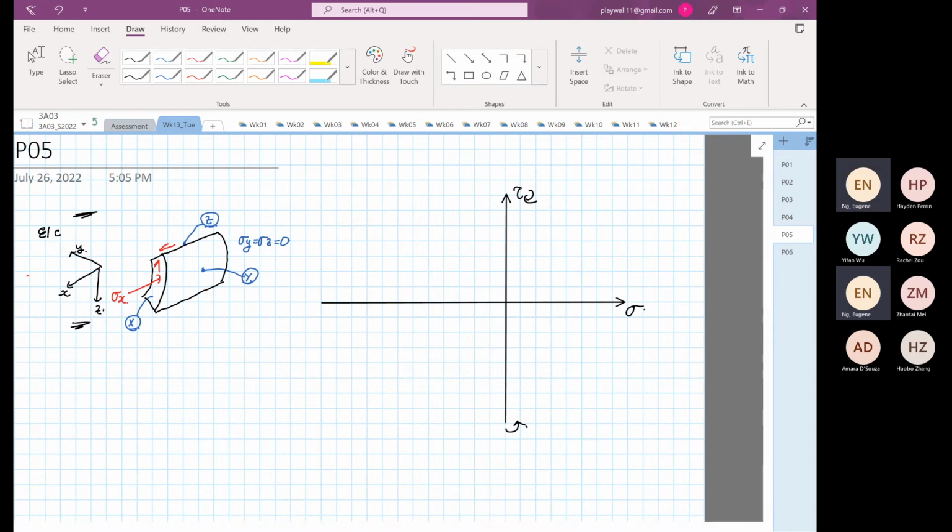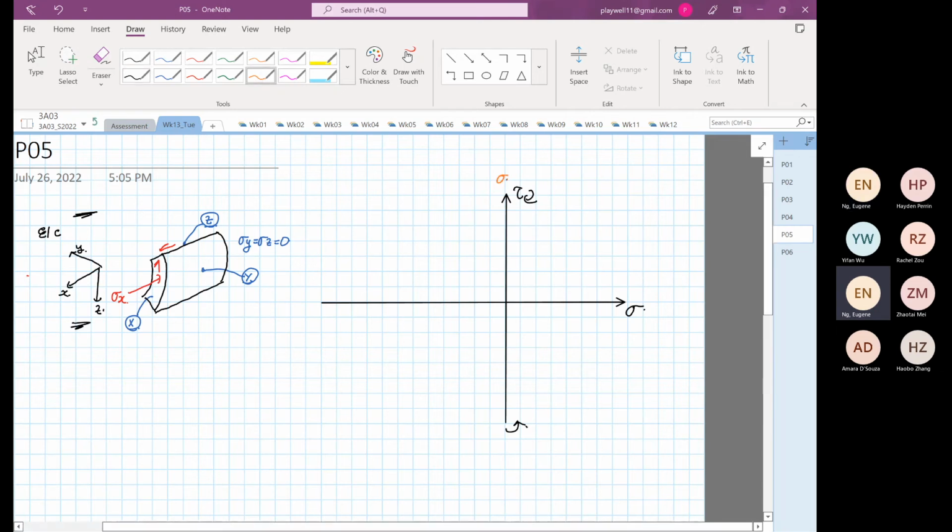So we know that our stress Y and stress Z lie at the 0 line. We also know that our point Y is over here, because point Y has 0 normal stress and 0 shearing stress.